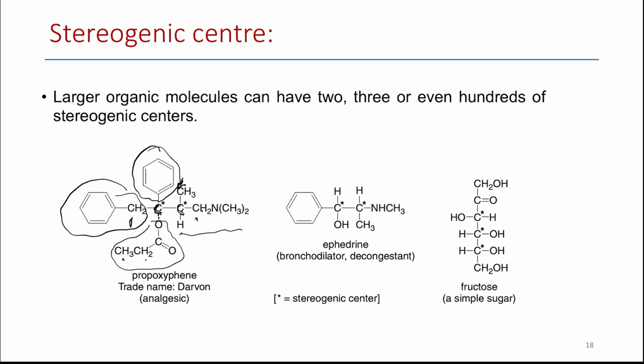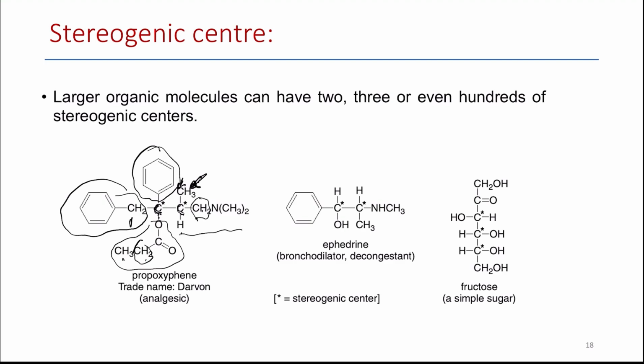If you have a look at this CH3, this is definitely not chiral. This is achiral because this carbon already has three hydrogens, so they are identical. And a carbon atom that has two hydrogens, CH2, is not chiral either.